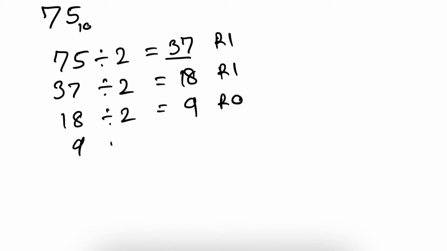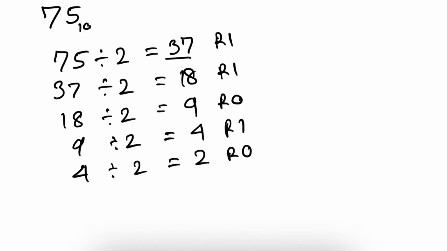9 divided by 2 simply is 4.5, so remainder is 1. 4 divided by 2 is 2, and the remainder is 0. And finally 2 divided by 2 is 1, and the remainder is 0. Okay, that's it.